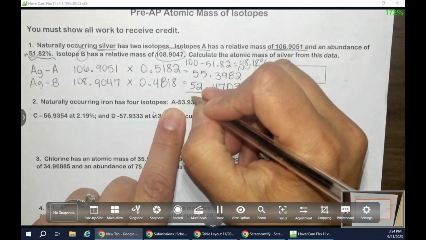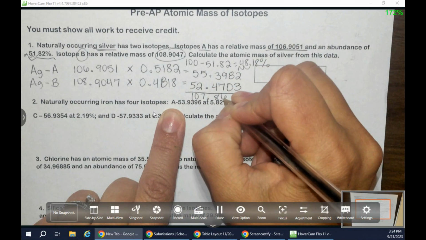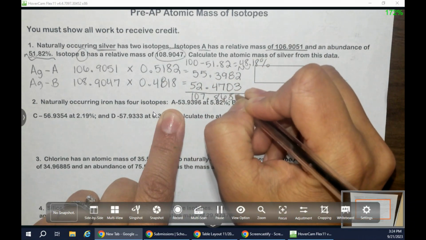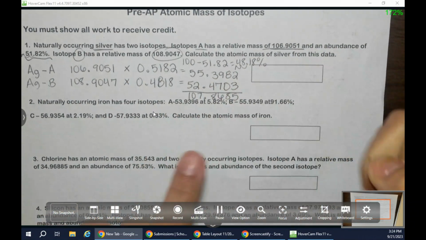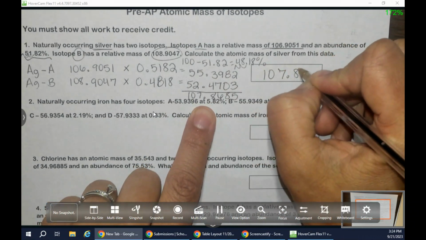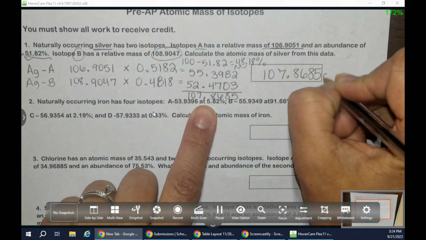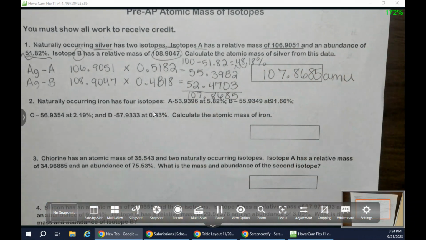You will get 107.8685. So do me a favor. Go look at your periodic table right now. Did that match up for silver, Ag? Yeah. So that is how those numbers came about, okay? Whew, you guys did an awesome job.